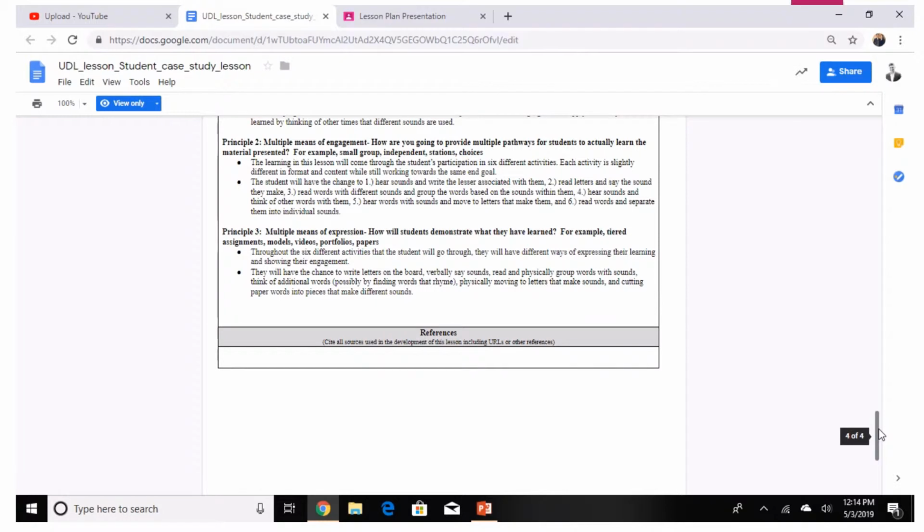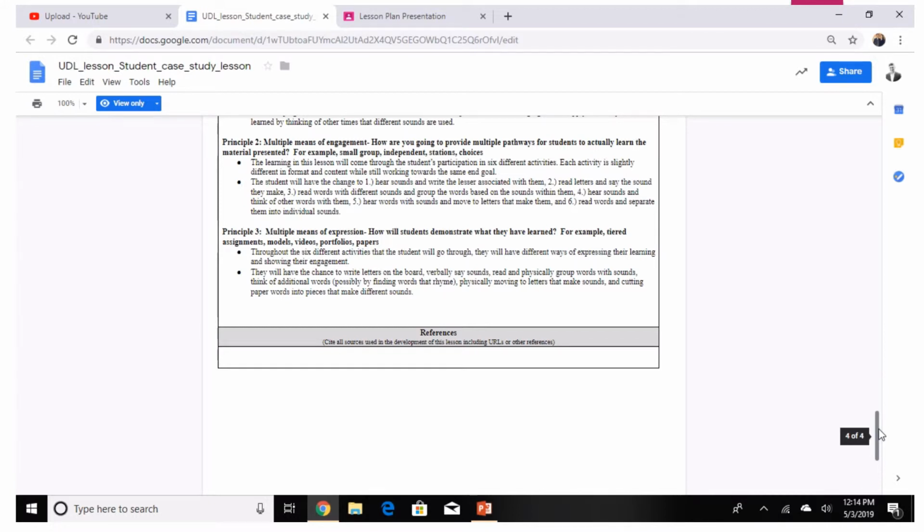And then for the last part, multiple means of expression. Like I've been saying, the variety that I've developed for this lesson will just be a great way for the same information that he needs to learn because of his deficits to be presented in different ways, and therefore he's also responding in different ways to each of them.